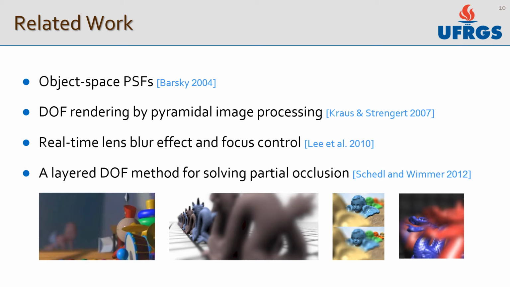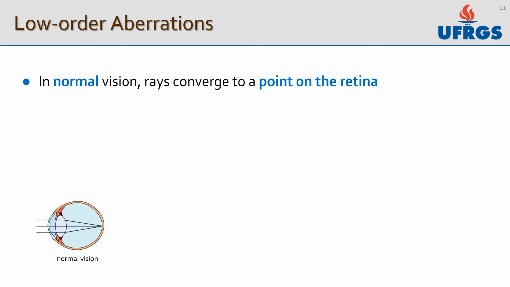Our work distinguishes from these techniques in the sense that it works in real time with real scenes with depth information, not only synthetic ones, and we also have made objective measurements to attest the validity of our simulations when compared to ground truth. Before moving to the description of our technique, I'll present an overview of low-order aberrations from the perspective of geometrical optics.